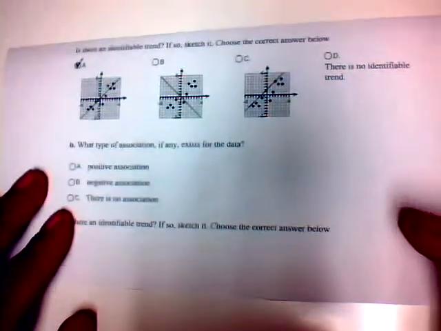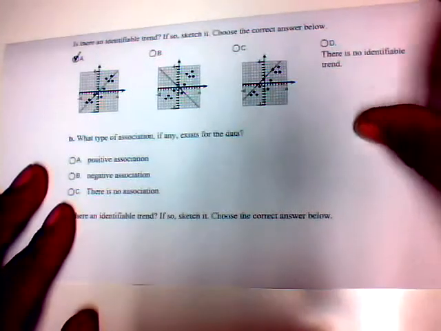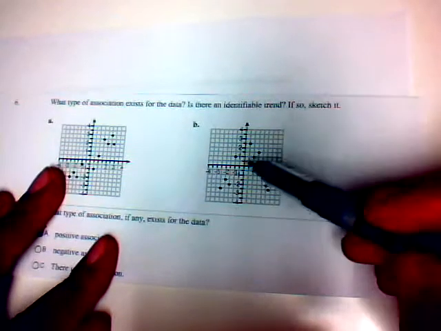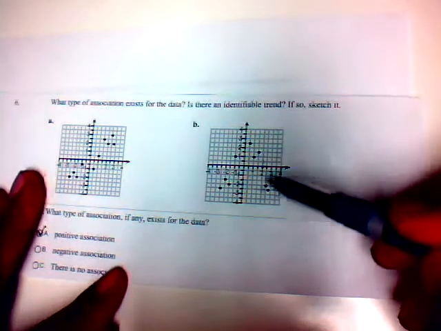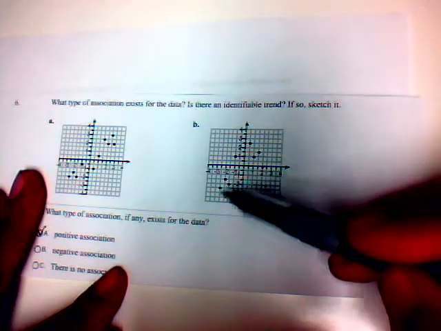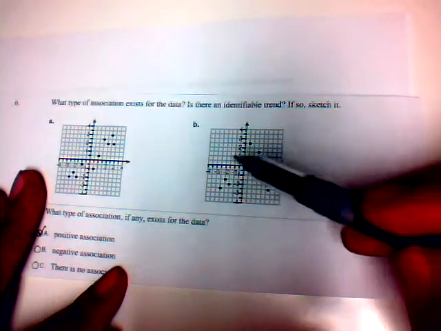Okay, now part B, what type of association, if any, exists for the data? So let me go back to part B. Here's the graph right here. By looking at this, I don't see any type of association. Those points are pretty much scattered all over the place.